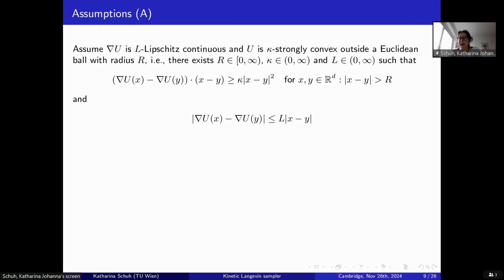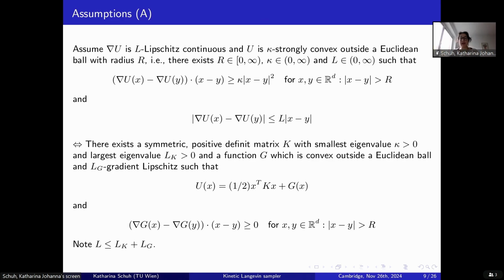And here what I will do next is that I can represent this condition in a different way. Namely, this is equivalent to assuming that there exists a symmetric positive definite matrix K with smallest eigenvalue kappa and a function G, such that I can split my potential U into a quadratic part and a perturbation.